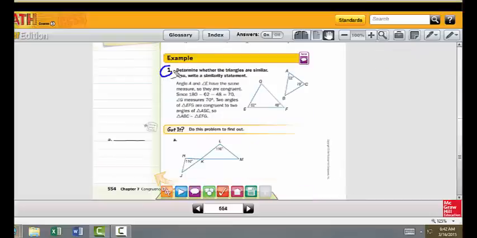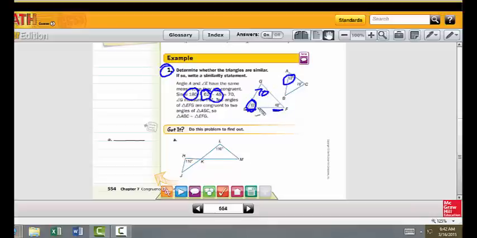All right, let's take a look at problem number 1. We're asked to determine whether the triangles are similar, and if so, write a similarity statement. So we have two angles that are congruent, 62 and 62, but the others are 48 and 70. So we can think about what this angle has to be: we could take 180 degrees, subtract the 62 we have right here, and then subtract the 48 we have right here, and we can prove that this angle is 70.